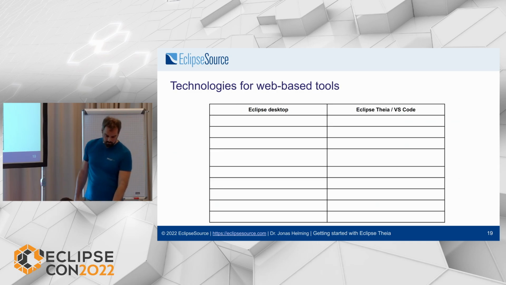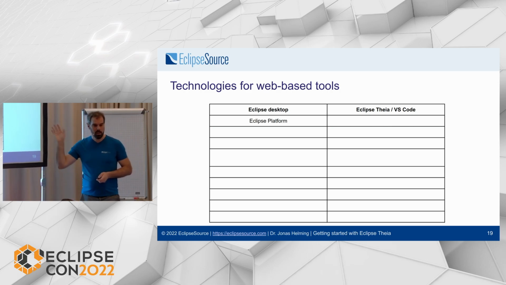Now, one quick thing that I want to mention, especially if you're coming from the Eclipse desktop platform. Theia is one step, but as I mentioned, the complete technology stack is new, so you might need replacements for many other things too. This list is not complete, but I just want to give you some pointers on where you might look if you, for example, have a diagram.